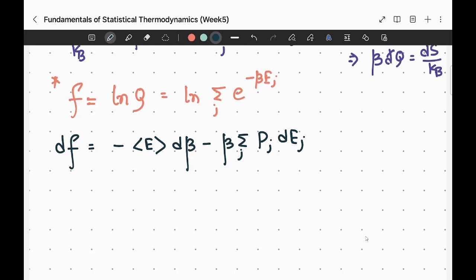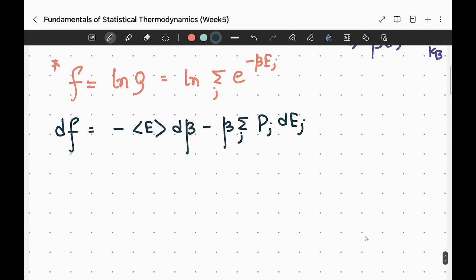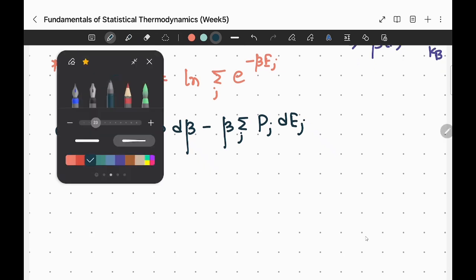Just differentiate with respect to beta and ε_j, then I will upload it, or I can solve it, but it can be done. It is not very difficult. It is just a straightforward calculation, like how we calculated the average internal energy and other quantities. If you can't, I will do it in the next class. This step you can think of as homework. It's not very difficult.